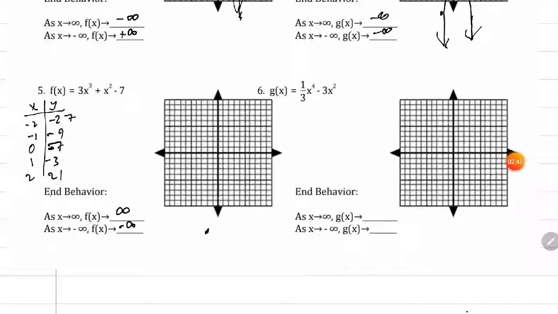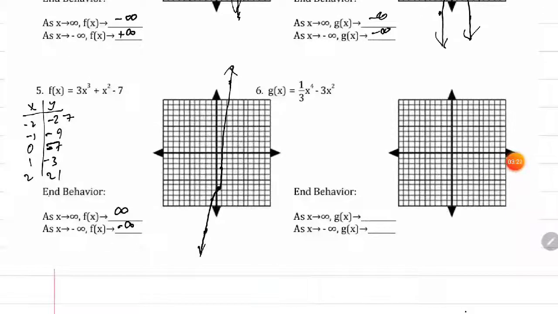Negative 1, negative 9, 0, negative 7, and then 1, negative 3, and then we got 2, 21. So we got something like this that's going on. So don't draw your lines straight, make them a little curvy. Your cubic functions kind of always look something like this.